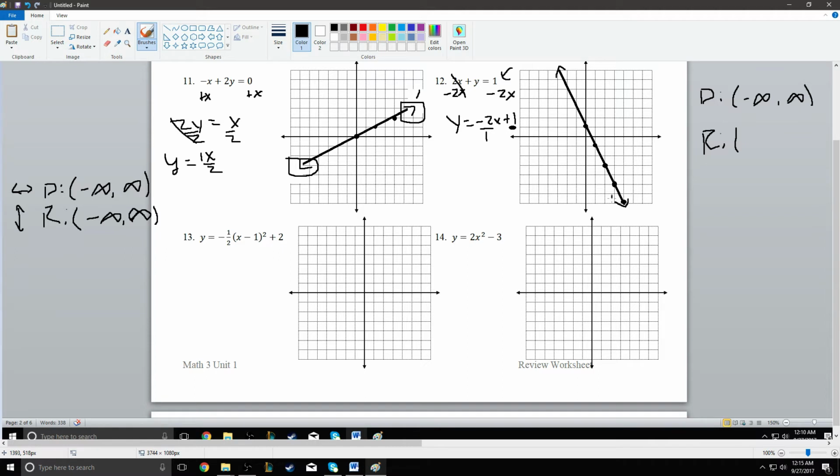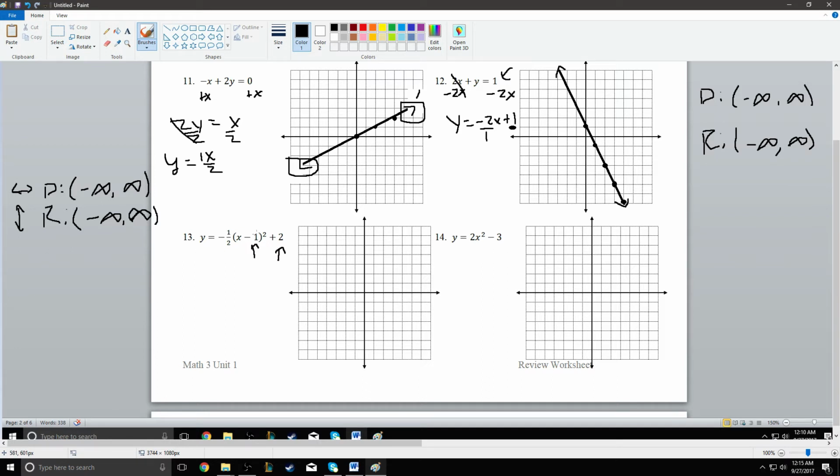The lowest part of our graph, arrow, negative infinity. The tallest point of our graph has an arrow, positive infinity. Okay, all done.